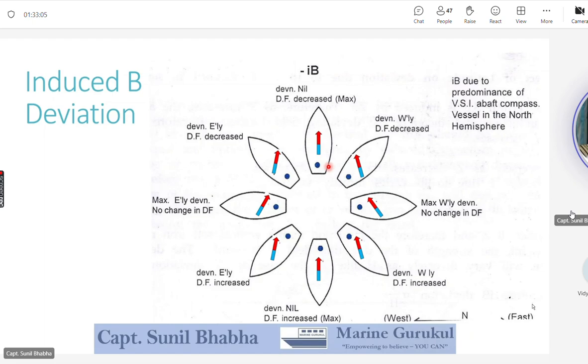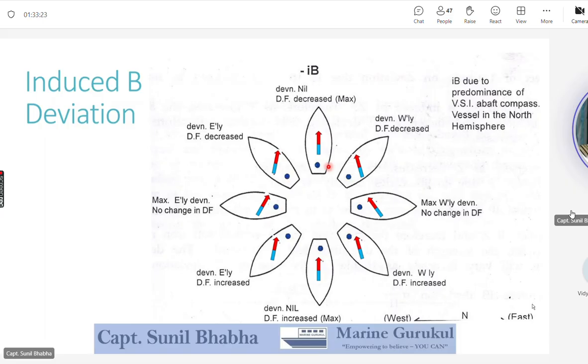Another important thing to understand here is that if we have a vertical structure forward of the compass and a vertical structure aft of the compass, they are going to cancel out each other.